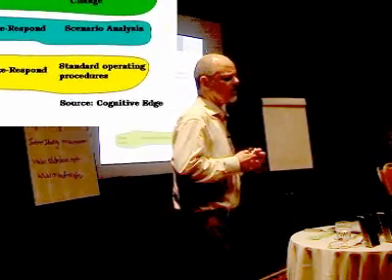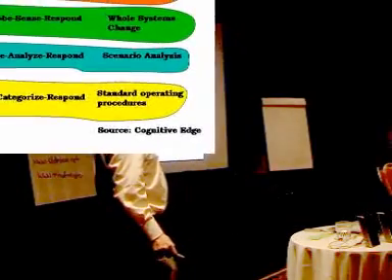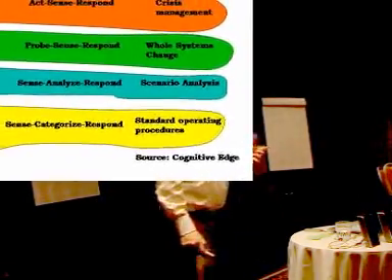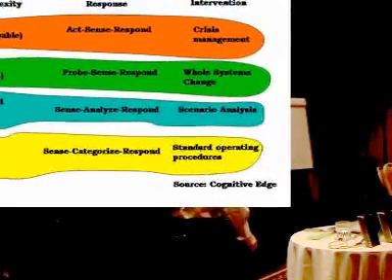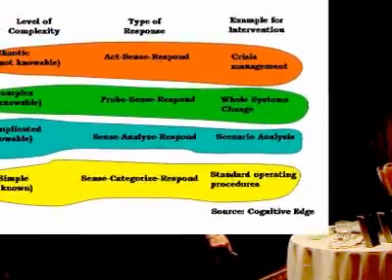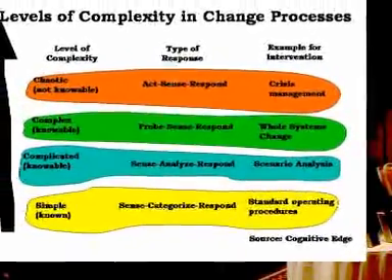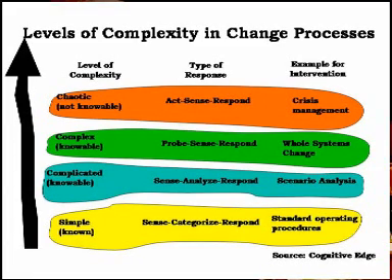Maybe you have seen it some months ago in the Harvard Business Review, which says there are 4 different areas of complexity. There are areas in which we as change managers can work with standard operating procedures, because it's so clear. We have done it several times. We have understood what we need to do, so there's no need to think in terms of complexity, but just to use normal, simple ways of working.